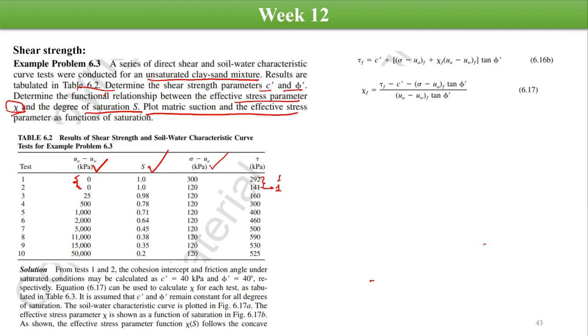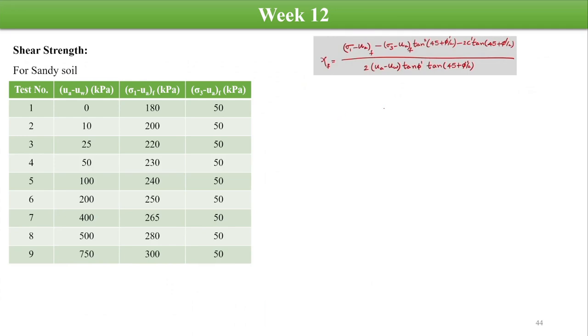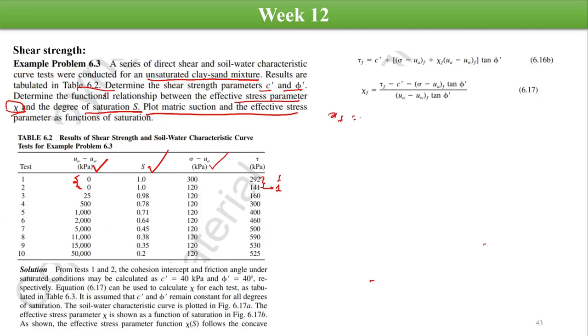If you calculate the value of xi f, we have c dash as 40 kPa and phi dash as 40 degrees. Xi f is going to be tau f, which is 160, minus c dash, 40, minus sigma minus ua, which is given as 120 for the third observation, times tan 40 degrees, upon ua minus uw, which is 25, times tan 40 degrees.